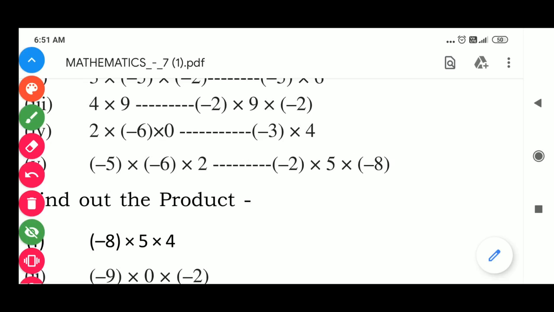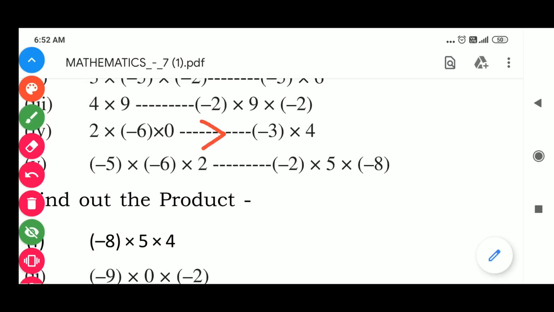So whenever any digit is multiplied by 0, it becomes 0. That means the first number is 0. And the second number is minus 12, 3 fours are 12 with minus sign, minus 12. So minus 12 is less than 0, so you can write this symbol. So in the fourth question we put this symbol.